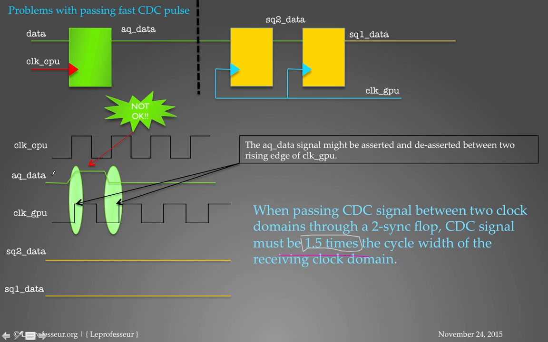What it means is that your async data should be stable, it should not toggle till this point. That means your whole one clock period and roughly one and a half clock periods from here. Okay, 1.5. So this width basically is the pulse width of the async data. All right, remember that.